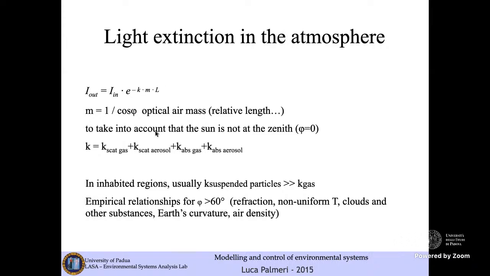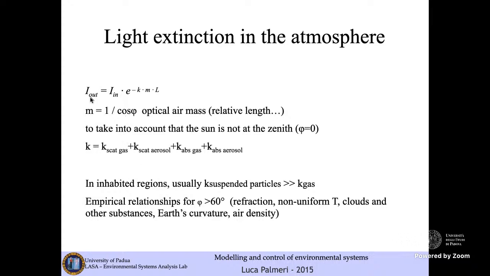In this case, we may introduce the definition of the optical air mass as the inverse of the cosine of the incident angle of sunlight. Phi is the incident angle, and it is similar to, or a proxy of, the latitude.